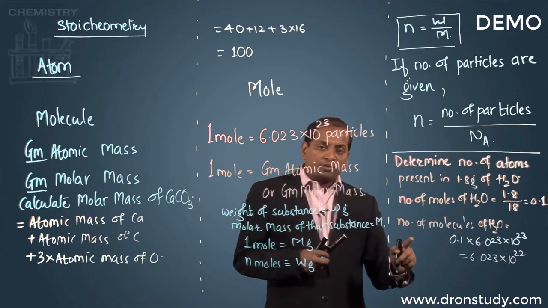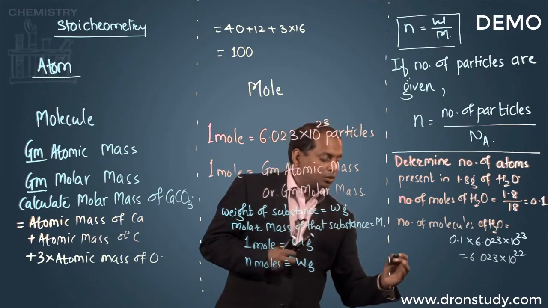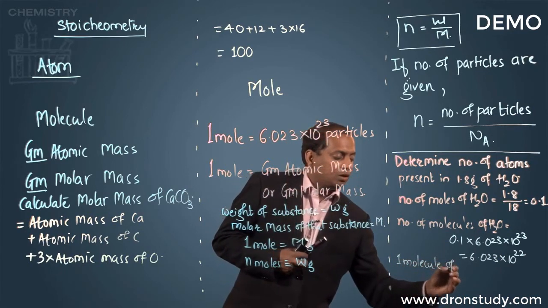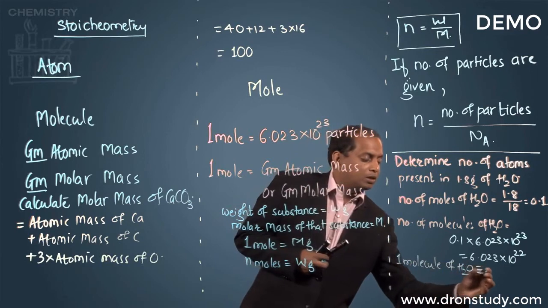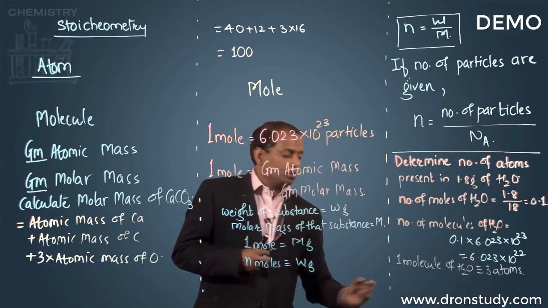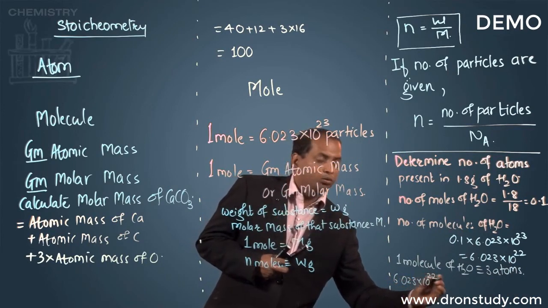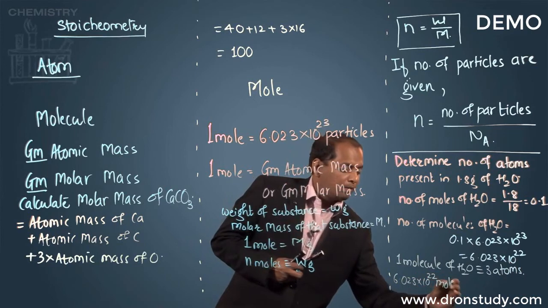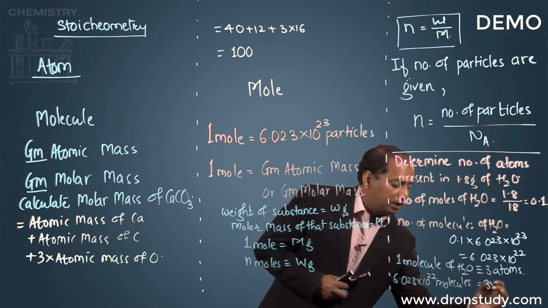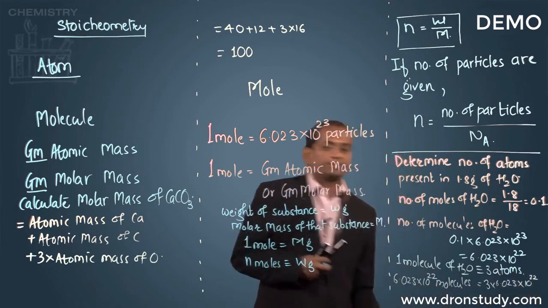Now, one molecule of H2O contains how many atoms? 3. So one molecule of H2O corresponds to 3 atoms. So 6.023 into 10 raised to 22 molecules corresponds to 3 into 6.023 into 10 raised to 22.